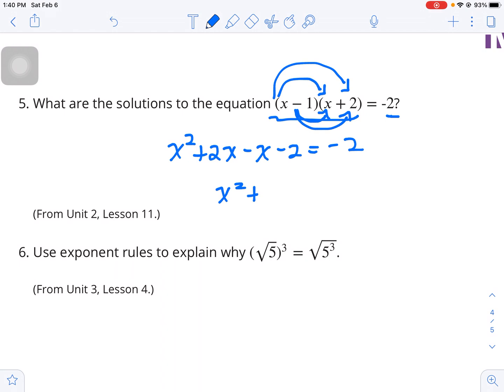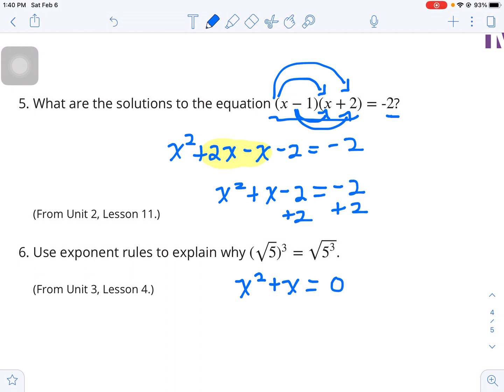When I combine my x terms over here, I have 2x and minus 1x. So that just gives me a positive 1x. And then minus 2 is equal to -2. And I need to set this equal to 0, so I'm going to add 2 to both sides. So I end up with x squared plus x is equal to 0.